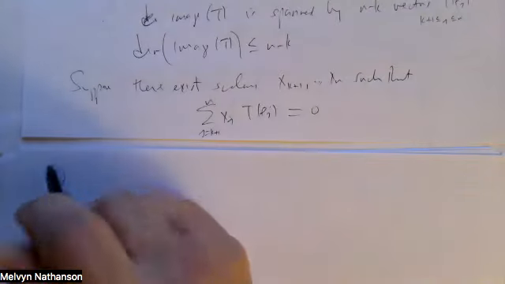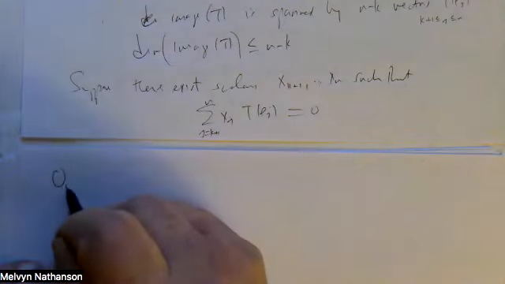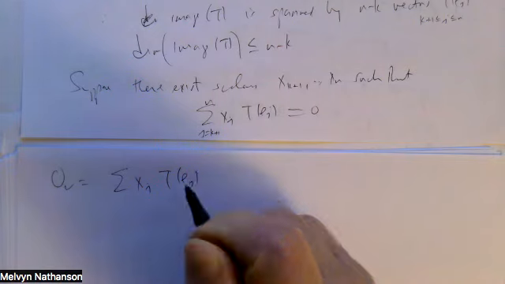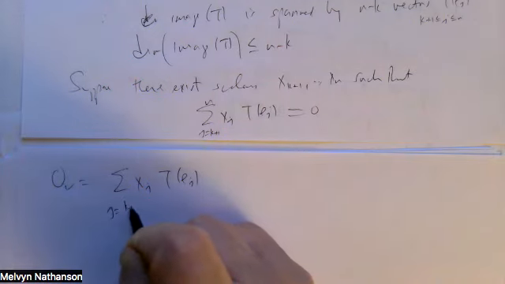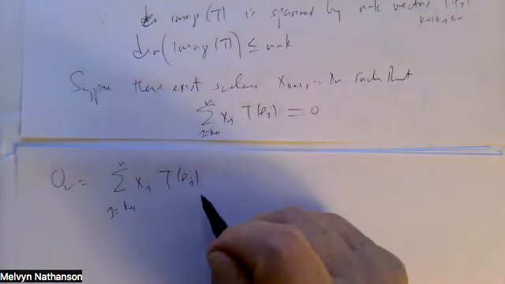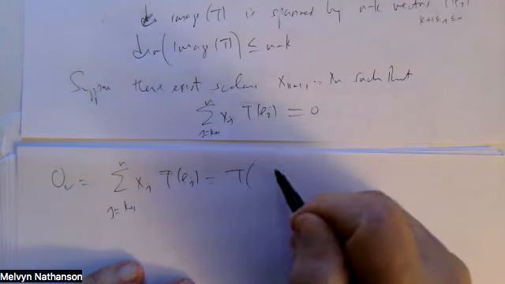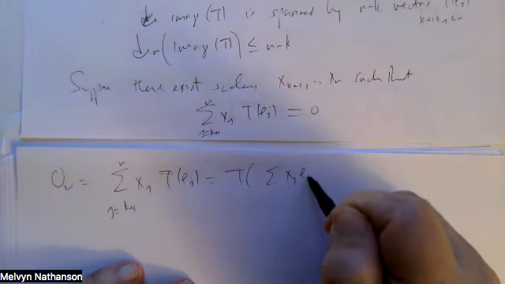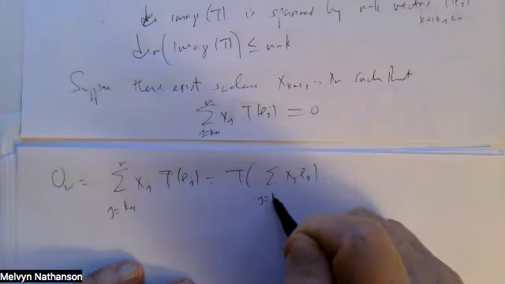So we have the 0 vector in W is summation xj, T of ej, j goes from k plus 1 to n, which by linearity, because T is a linear transformation, is T of summation xj, ej, j goes from k plus 1 to n.